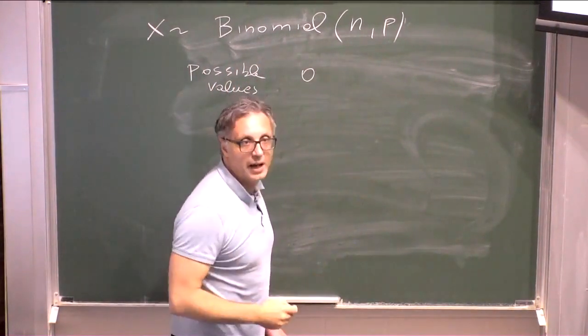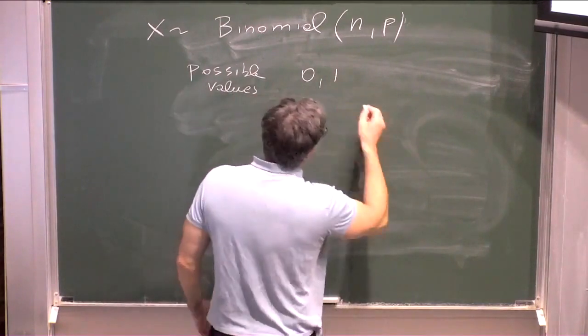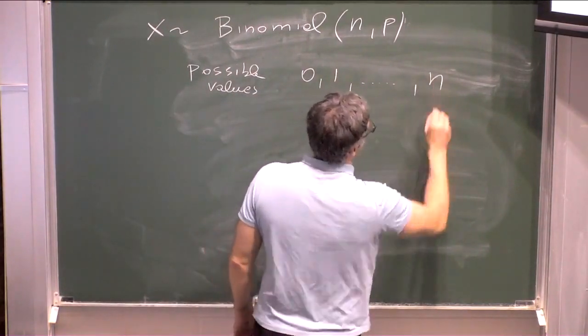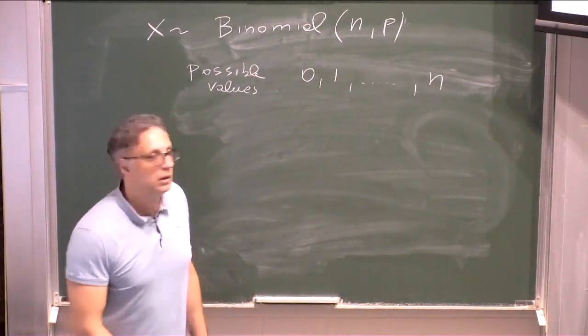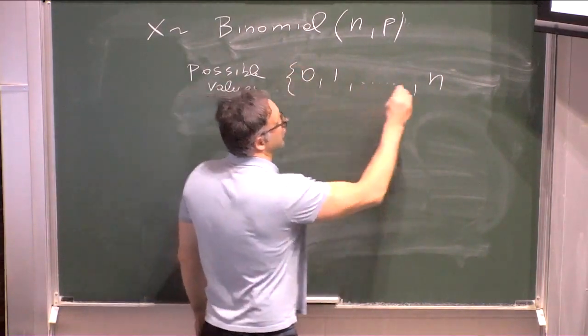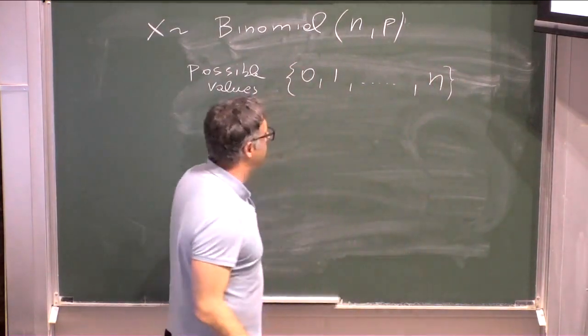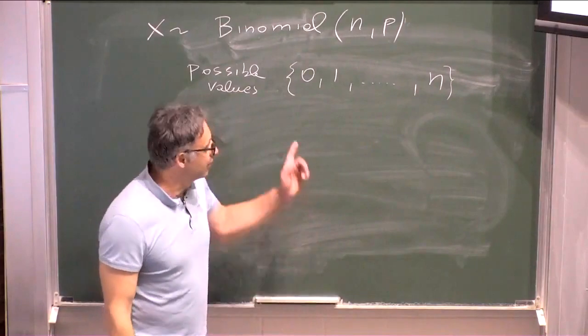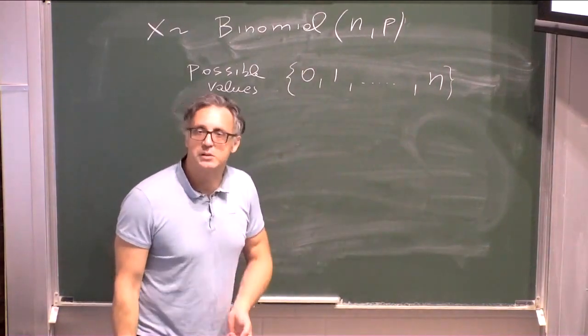Zero, very unlucky. One, still unlucky, or n if I'm really lucky. These are possible values. The probabilities, I cannot simply write here, there is no space.